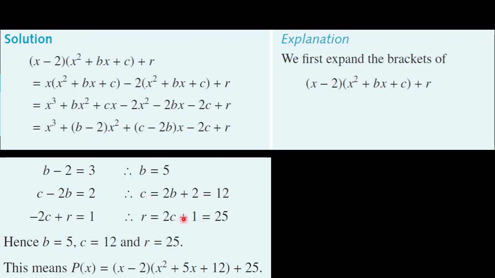And then we can get the value of r. So we have the three values, b, c, and r. We can insert them back into our original factorized polynomial, a combination of polynomials. And here is that example done.